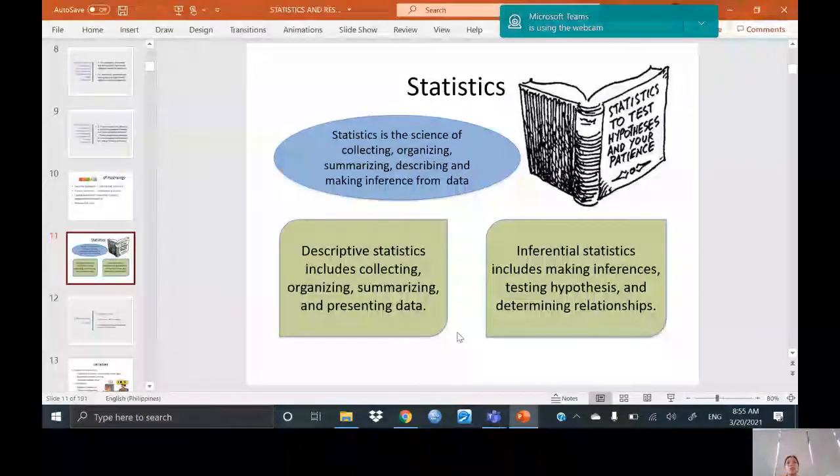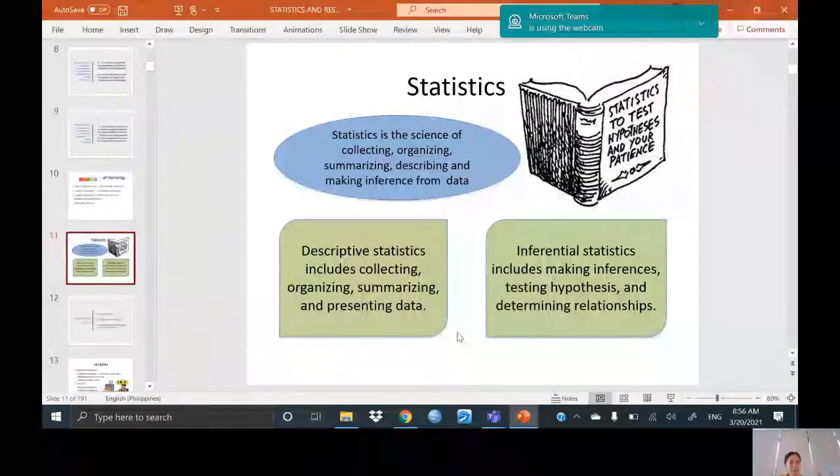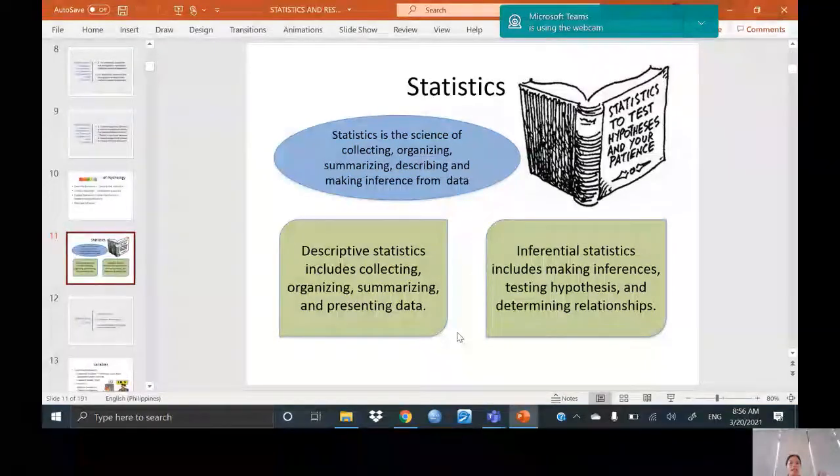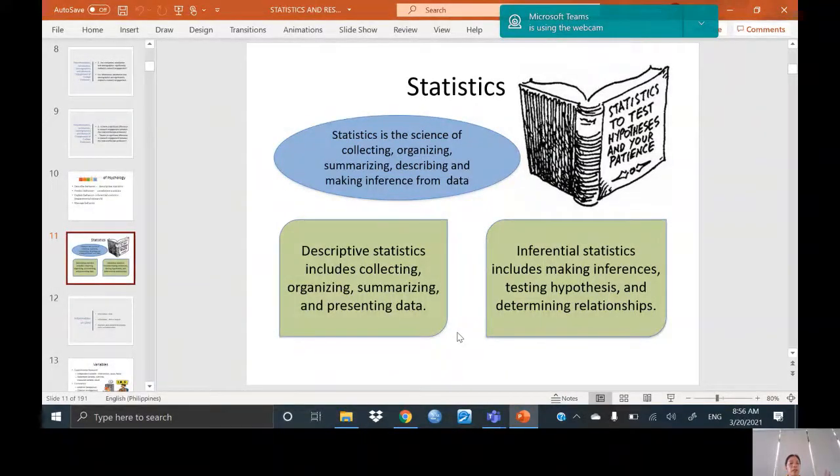When you distribute questionnaires, that is collecting data. And then when you try to organize your data in such a way that it is interpretable, in such a way that it can be readily processed, then that is part of descriptive statistics.